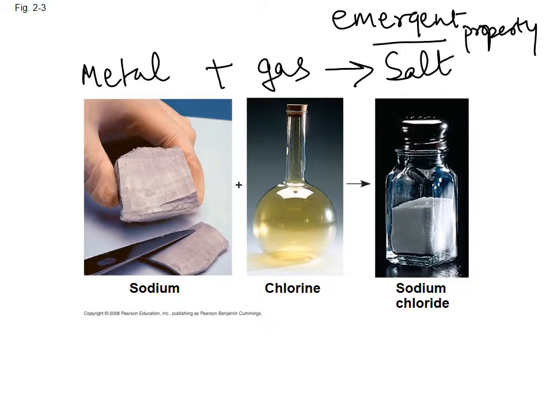What I mean by that is, on its own, sodium is a metal, so it has properties which are totally different from what sodium chloride has. And on its own, chlorine is a gas and it has properties which are absolutely different from what sodium chloride has. So one step below, when they exist as is, they exist with different properties, different appearance, and so on and so forth. While when they combine together, their properties change and their appearance also changes.